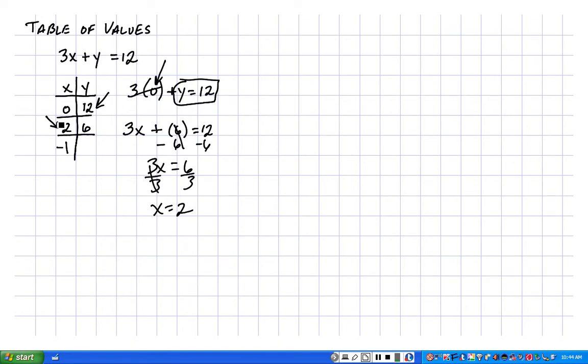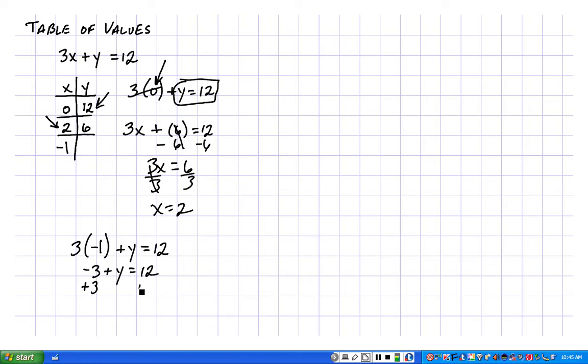So now we found that blank, or the 2 there. Okay, so lastly, to complete the table, we need to find a y when x is -1. When x is -1, basically this is saying, what would y be if x is -1? So again, go back to your initial equation, 3x, because we're saying x is -1 now. So 3x plus y equals 12. 3 times -1 is -3, plus y equals 12.